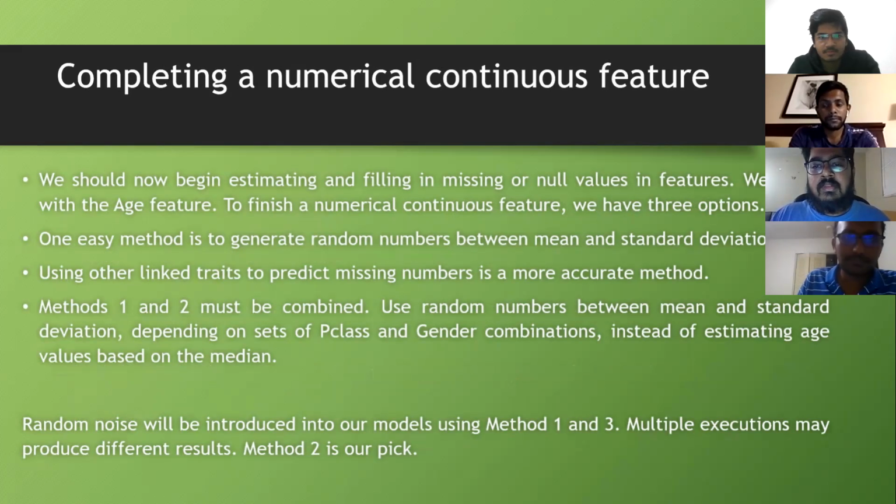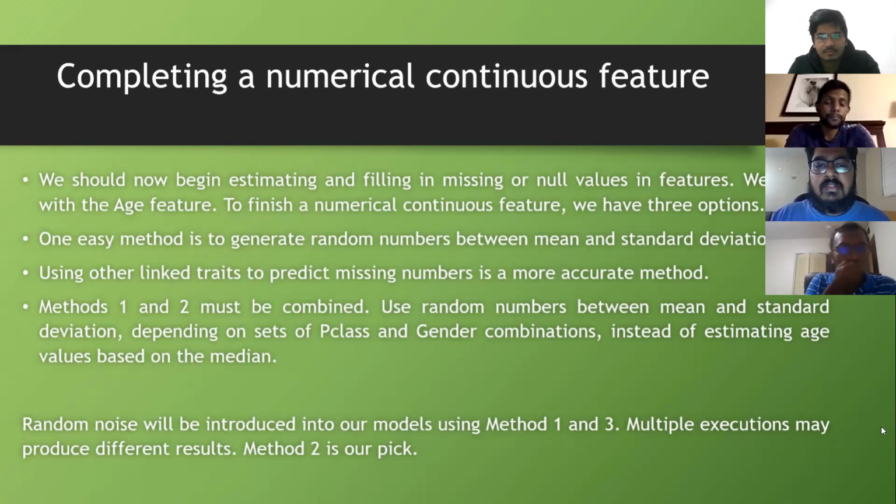In method 1 and 2, that must be combined: use random numbers between the mean and standard deviation, depending on sets of pclass and gender combinations. Instead of estimating age values based on the median, random noise will be introduced into our models using methods 1 and 3.